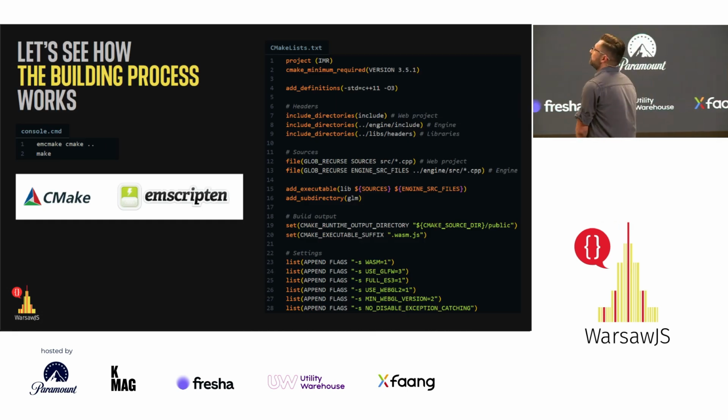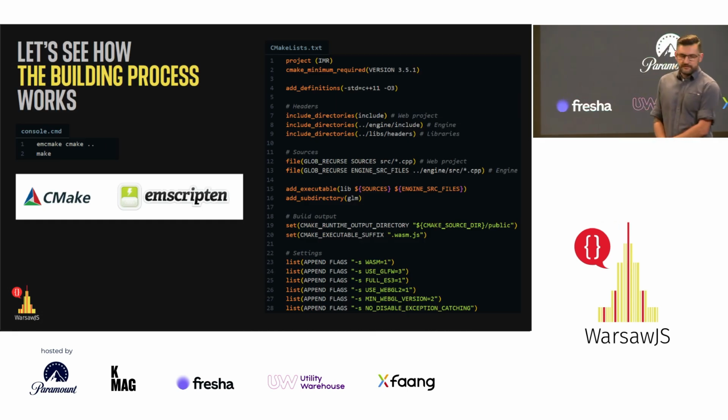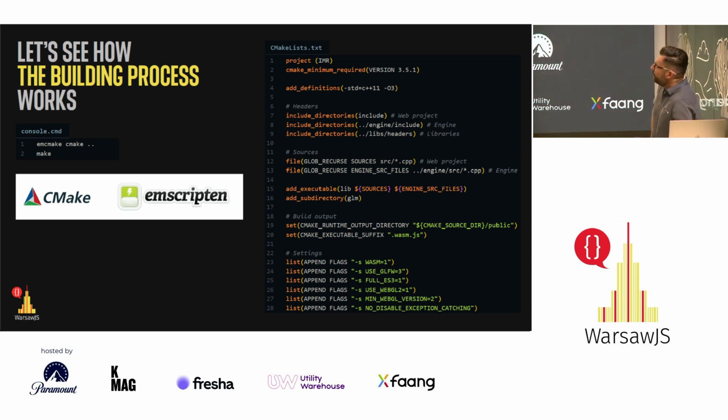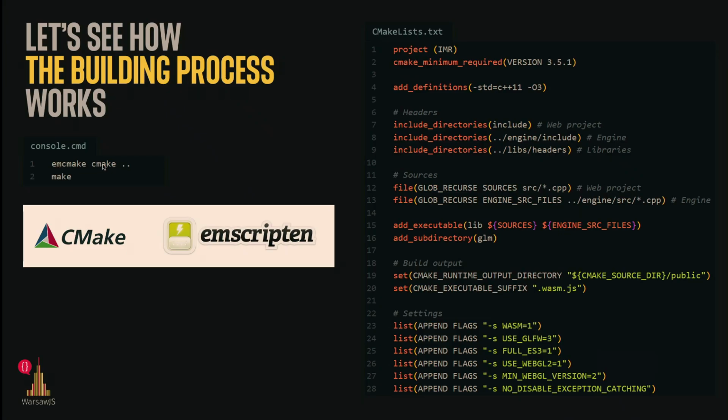Let's see how the building process works. Important thing: to compile WebAssembly, I need a special toolchain. There's CMake and Emscripten. Emscripten is a dedicated toolchain for WebAssembly. There's a simple command I call, emcmake cmake.